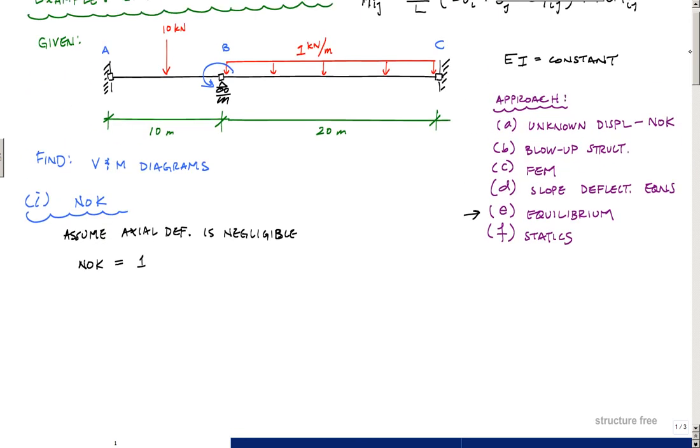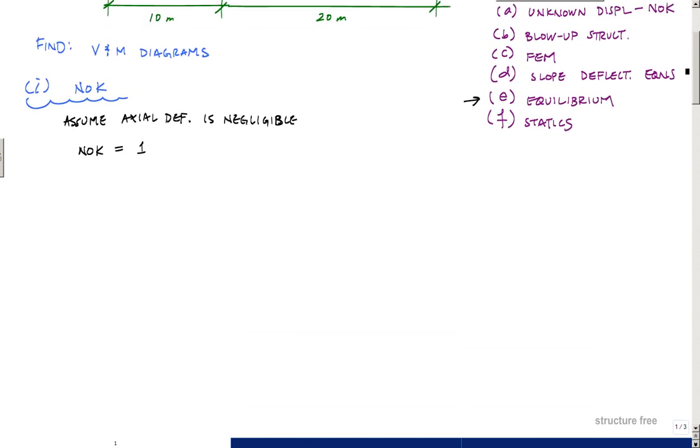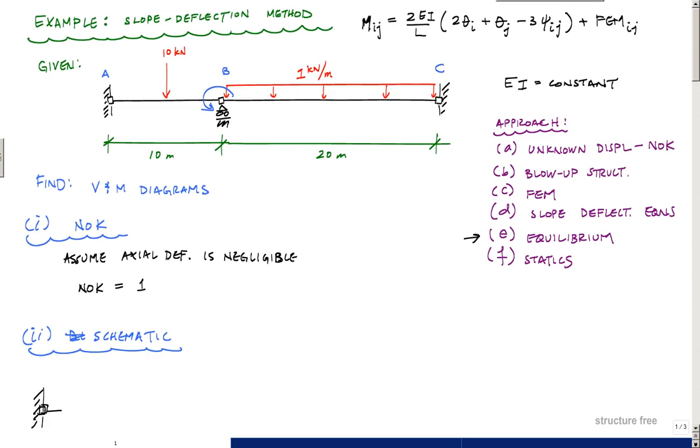The next thing to do is to blow up this structure. When I say blow it up, this is really just a schematic that you're going to redraw. Here it's fixed, and you may want to fast forward some of this. It's fixed here. It's as though I were making a cut here, here, here, and here, and redrawing my structure with all the gaps.